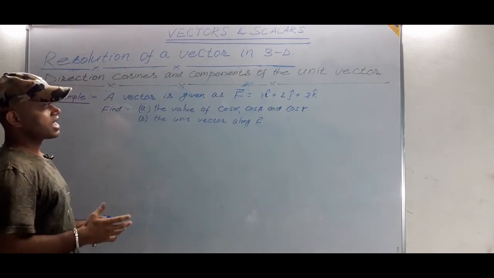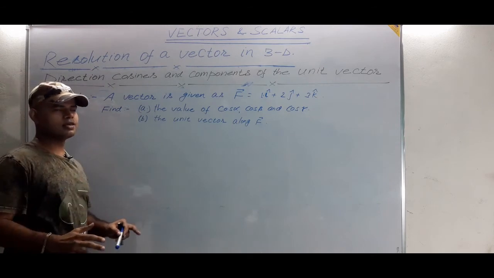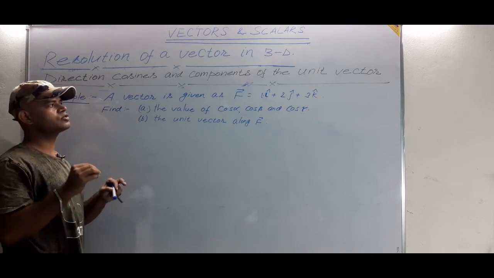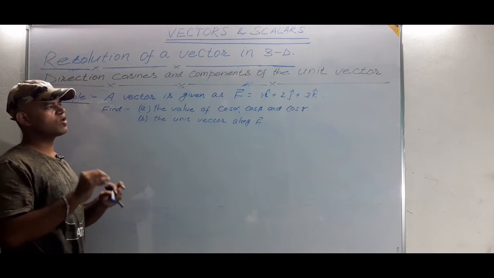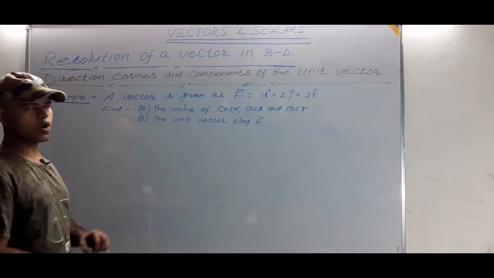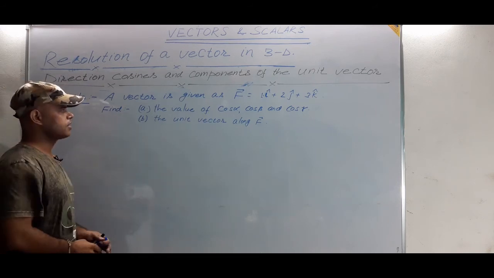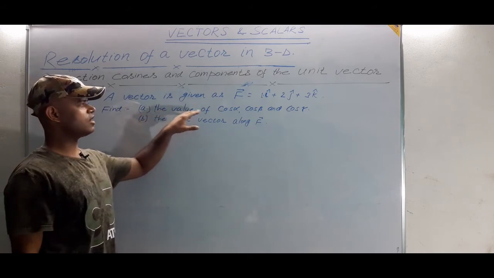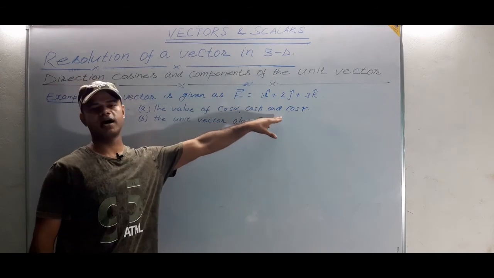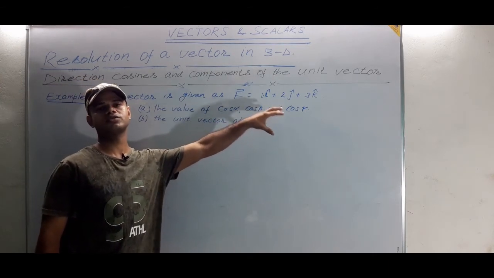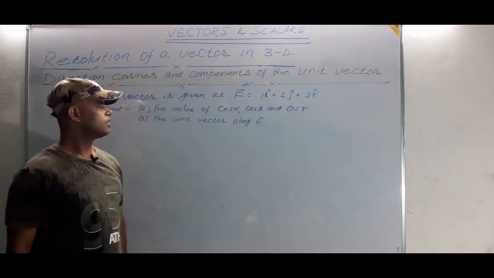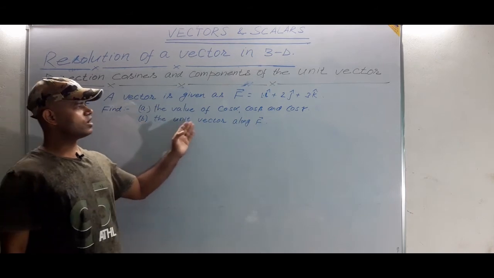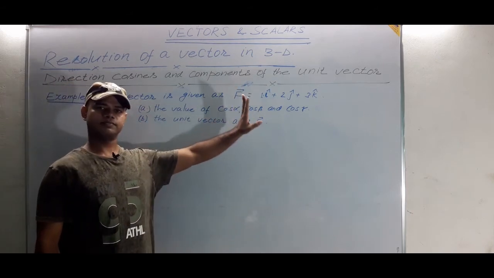Wherever you see i cap, j cap or k cap, you have to understand it is 1 unit along the x axis, 1 unit along the y axis, 1 unit along the z axis, right? What we have to find, first, is the value of cos alpha, cos beta and cos gamma, that is, the direction cosines for this given vector. And the second is the unit vector along F vector.